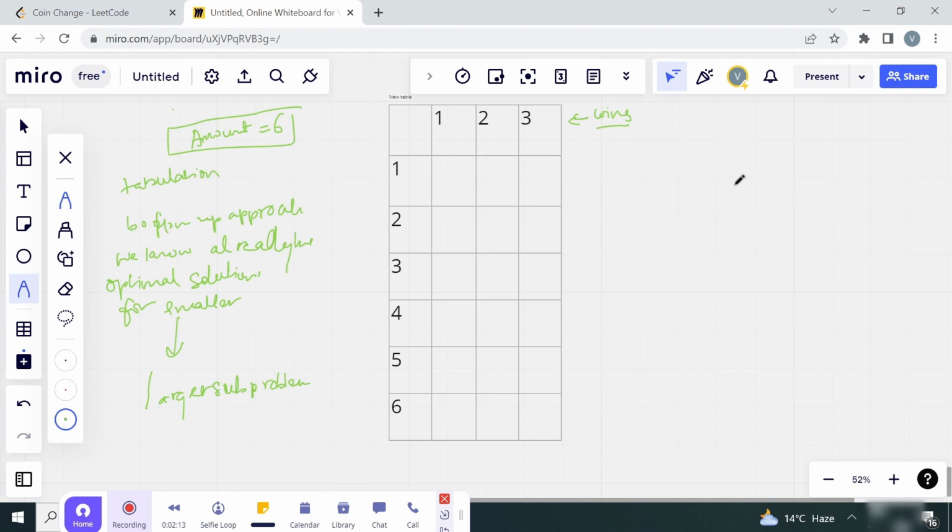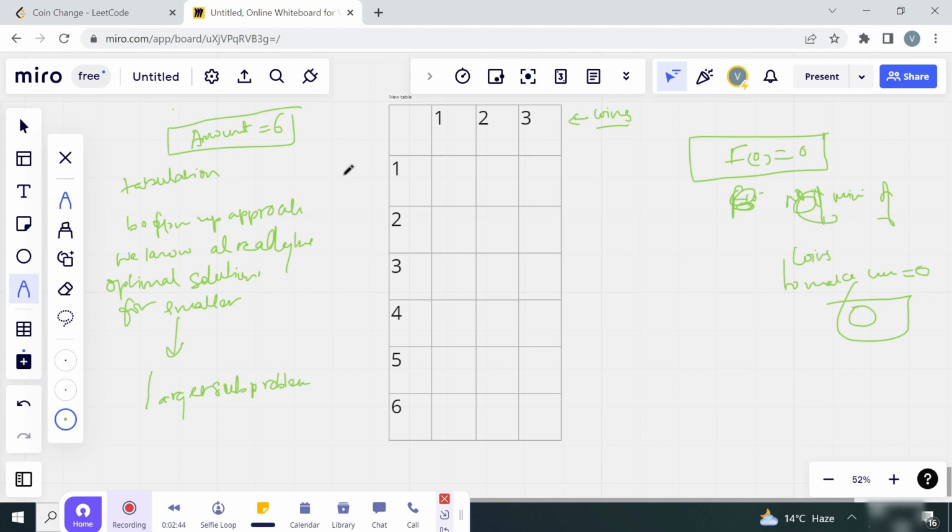As in the recursion or in the memoization top down approach, our base case was f0 equal to 0. Now again here it will be the same, like f0 means the minimum number of coins to make sum 0, and we know it is 0 because we don't need any coins.